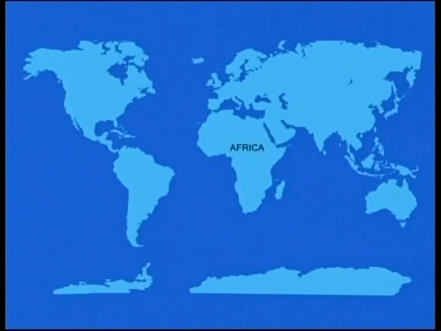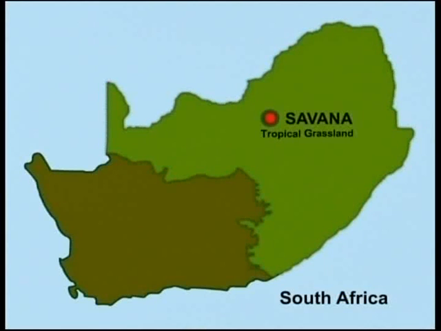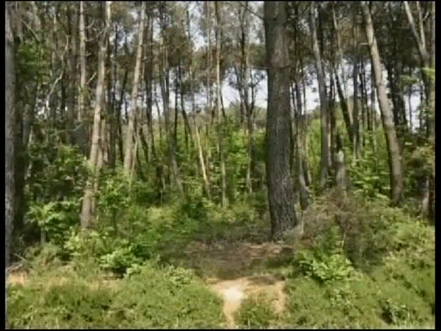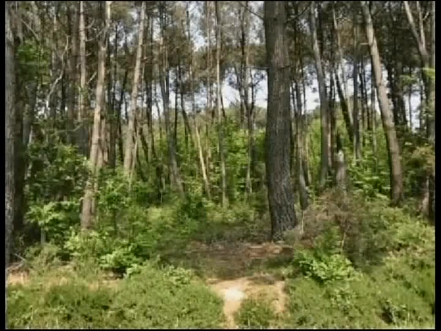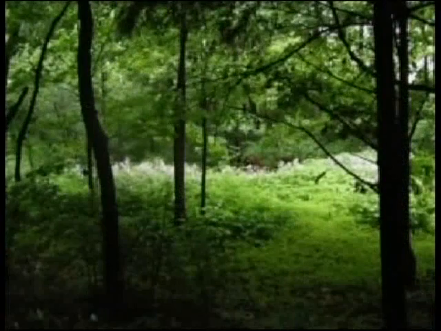Africa is the best part of the world to compare two grassland biomes. Vast areas of this continent are covered with savanna tropical grassland, dotted with trees and woodland. Further towards the south, there is lesser rain and winters are cooler.